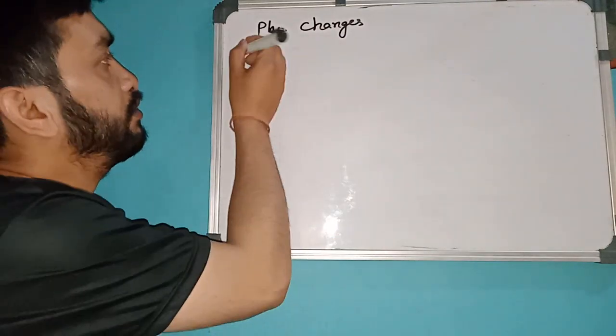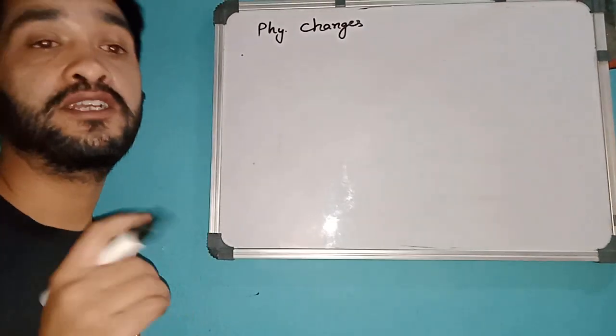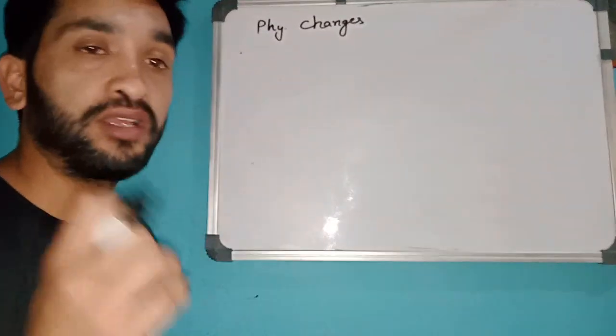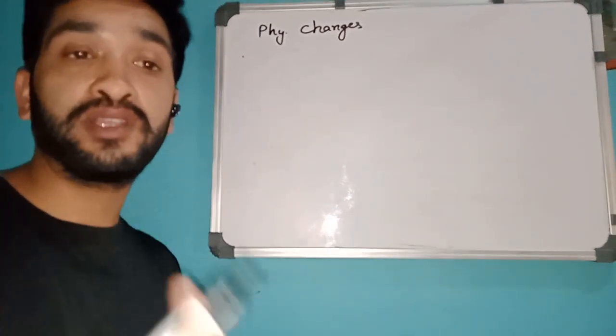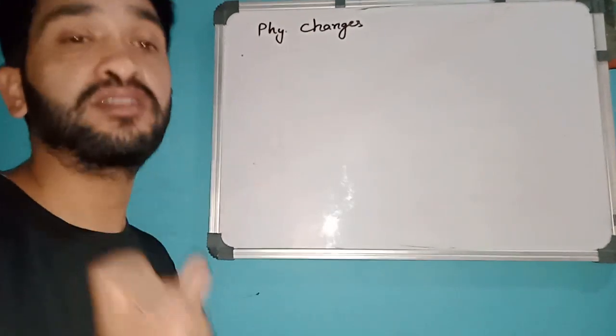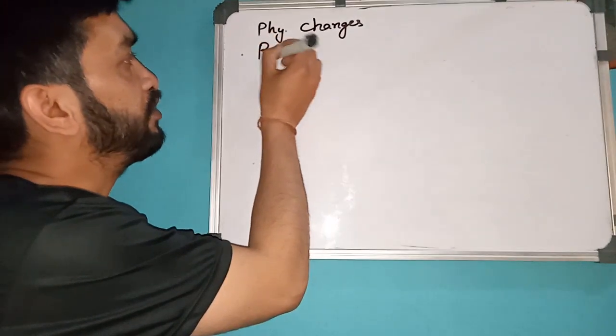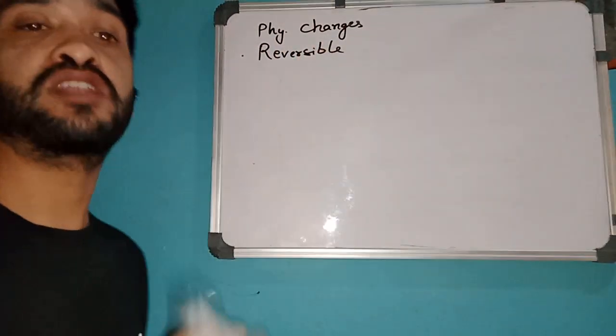Let's start with the first point, which is the most important point. When you are given a question in the examination asking whether the given process is a physical or a chemical change, most of the time the factor we use is reversibility, whether the process is reversible or not.